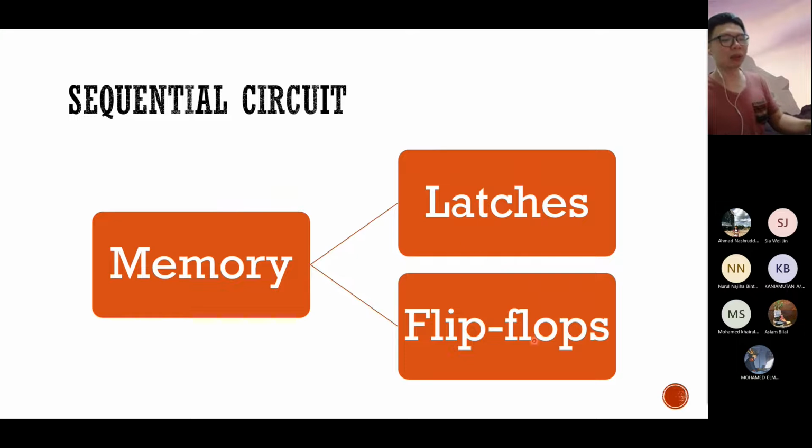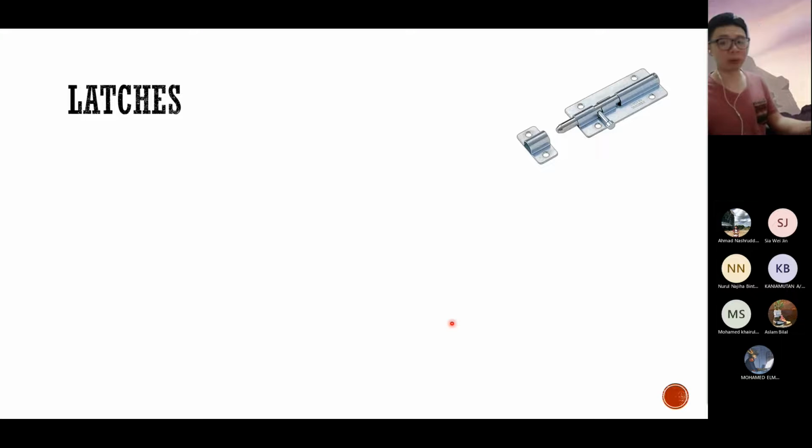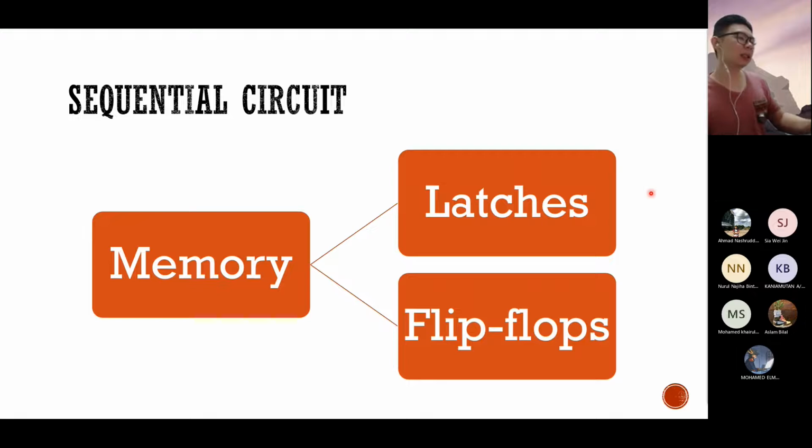So we talk about what latches are, how they function, and what the few types of latches are. There are a few types of latches that we talk about in class. I remember we talk about SR latch and D latch in the class.